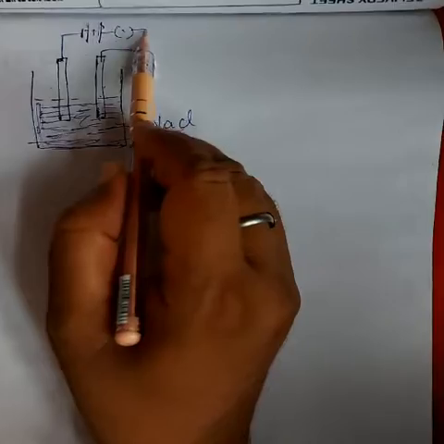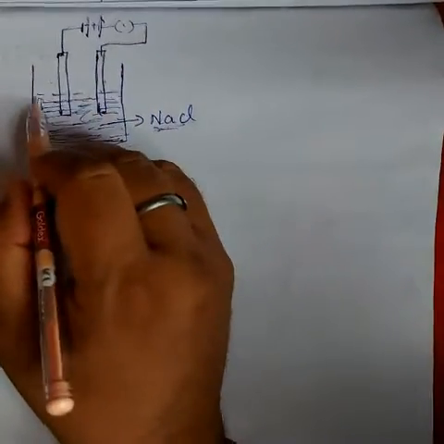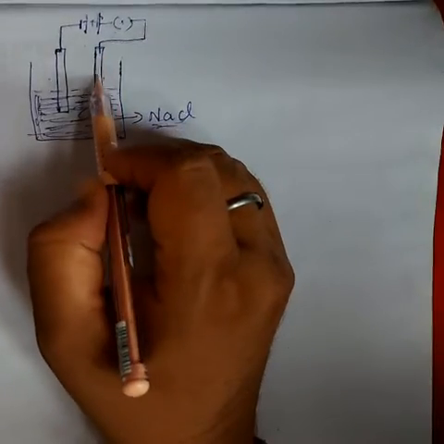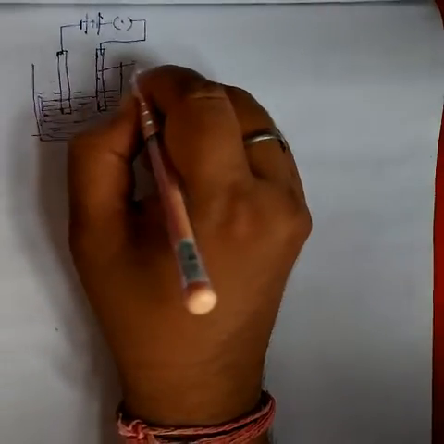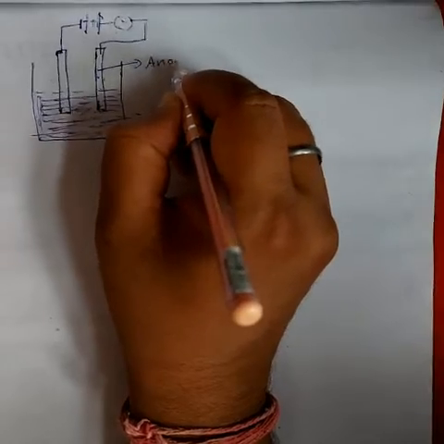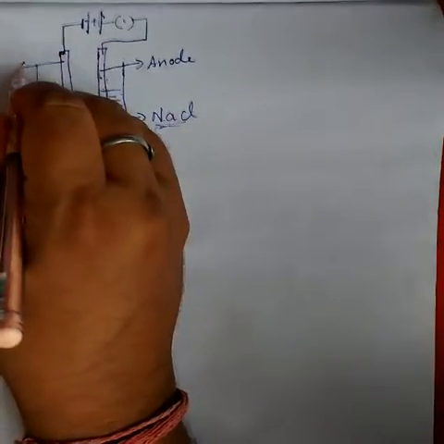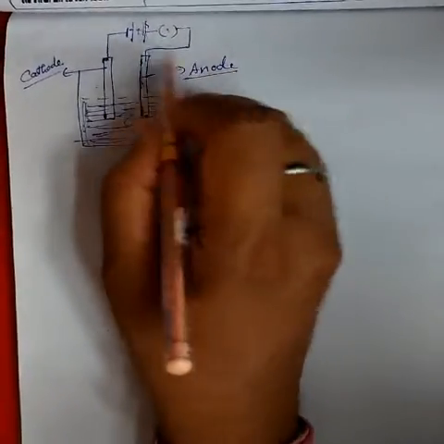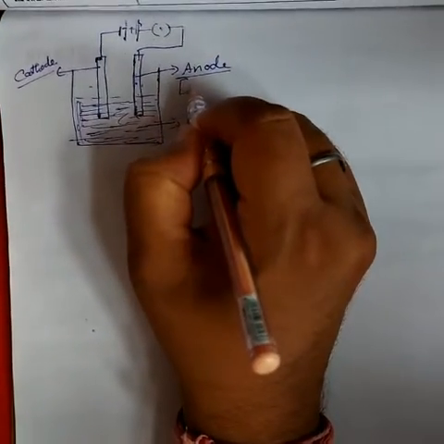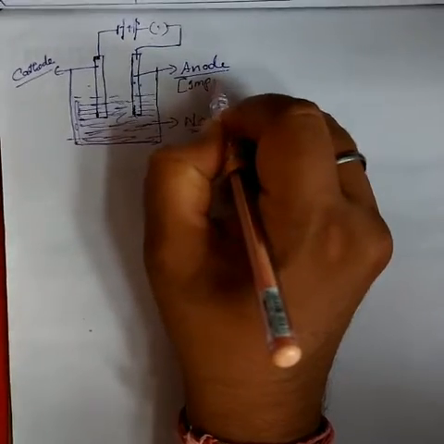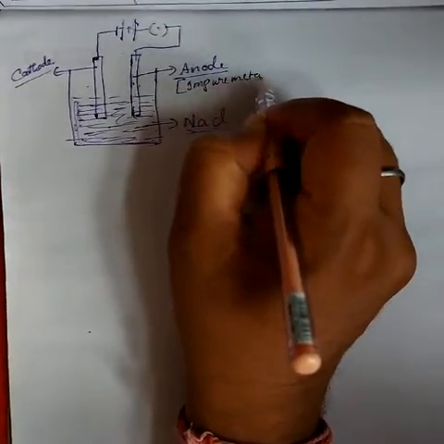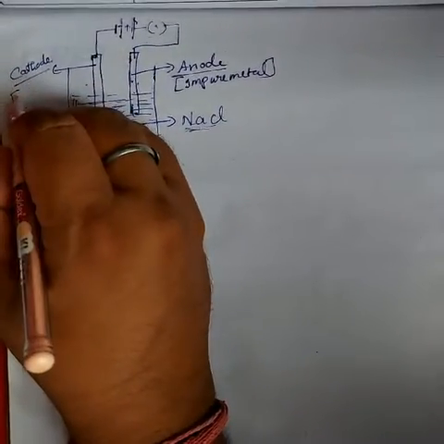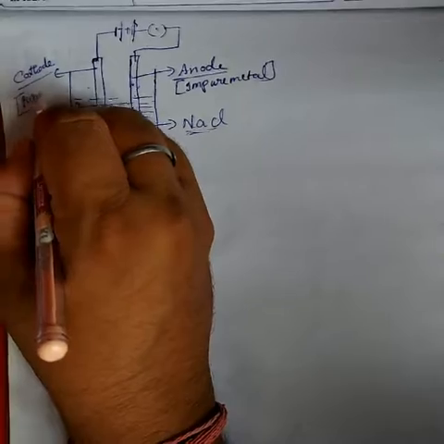When current is passed through the electrodes in the tank containing NaCl solution, the positive side is called the anode and the negative side is called the cathode. In the anode impure metal is always deposited, and in the cathode pure metal is always deposited.